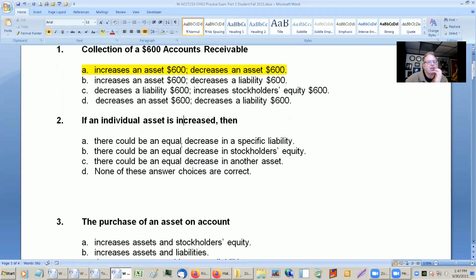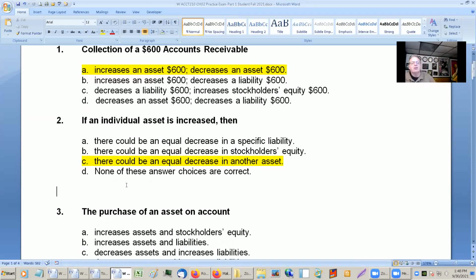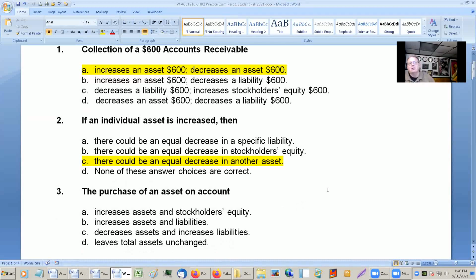So if there's an increase, it can't be a decrease in liabilities, because if assets go up, the other side must go up too. C is that if an asset goes up, then there could be a decrease in another asset and still be in balance. If the liabilities or equity go down and assets go up, it's not going to balance. Okay, so that one is C, which you guys got.